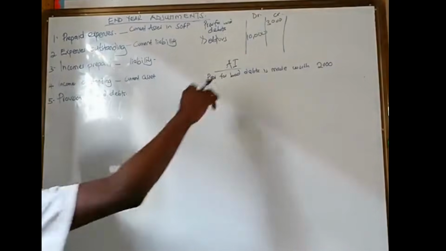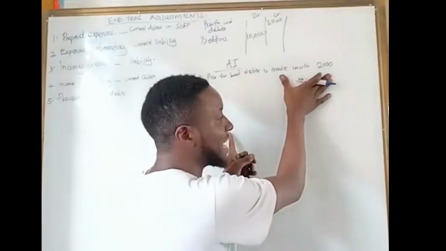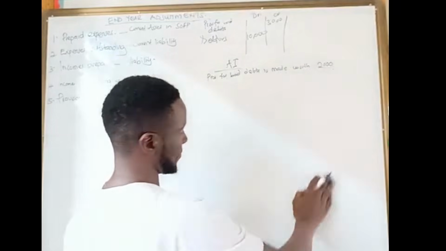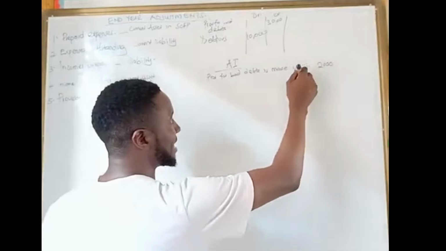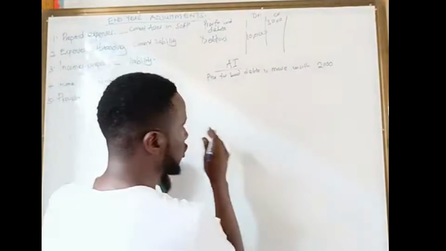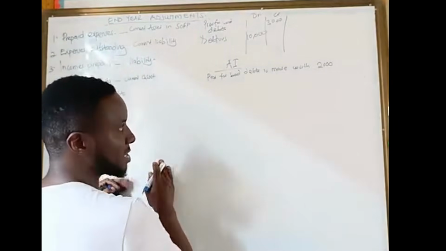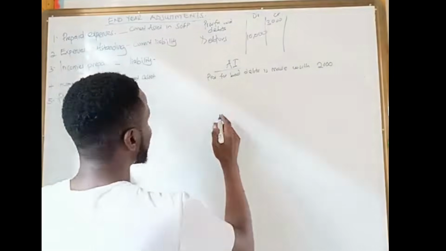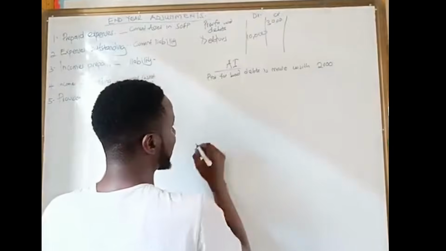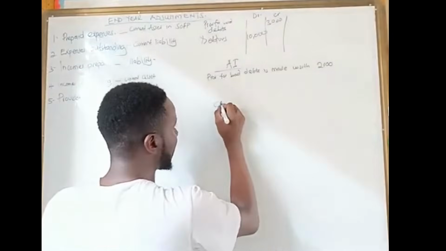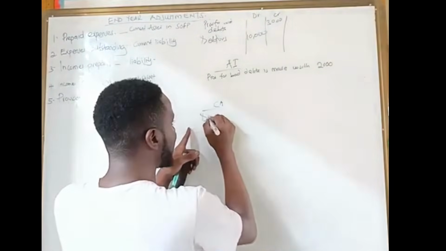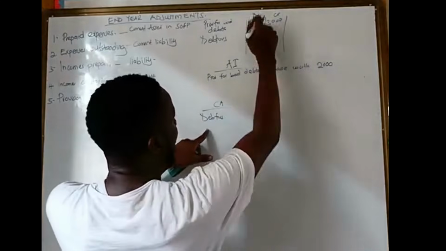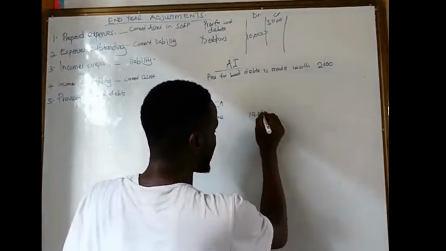Now, one, we shall take this figure in the income statement as an expense. We shall treat the provision for bad debts first in the income statement as an expense. Then after treating it as an expense, we shall go to the statement of financial position under current assets. And we say we have our debtors who are worth 10,000.